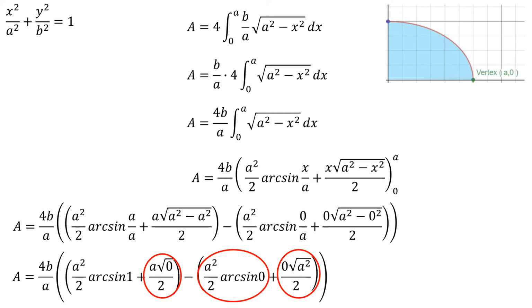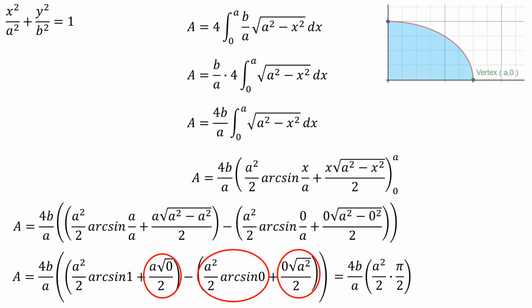So all I really have is 4b over a times a squared over 2 arc sine of 1. Of course, what is the arc that gives us a sine of 1? That's pi over 2, right? When sine has a value of 1, we are at the top of the unit circle, right? That's the highest point we can go, right? Vertically, positive 1 is as high as we can go.